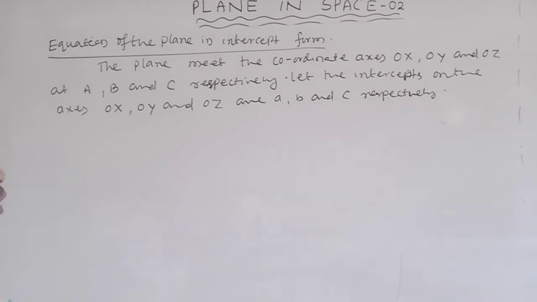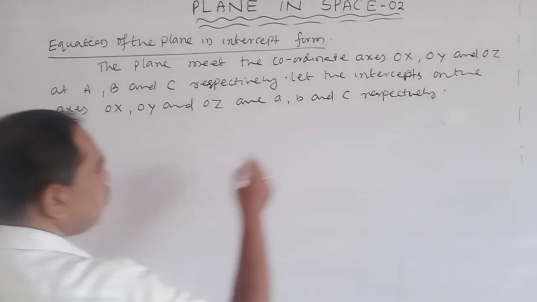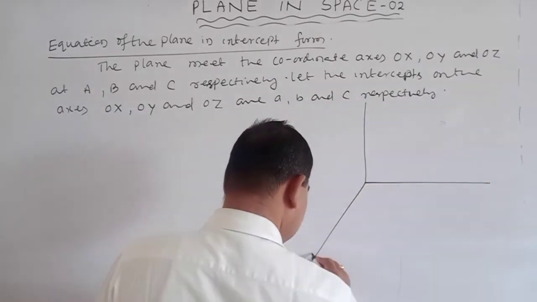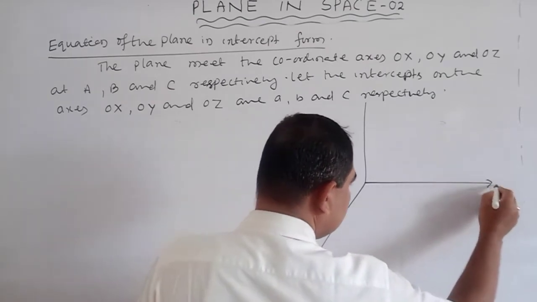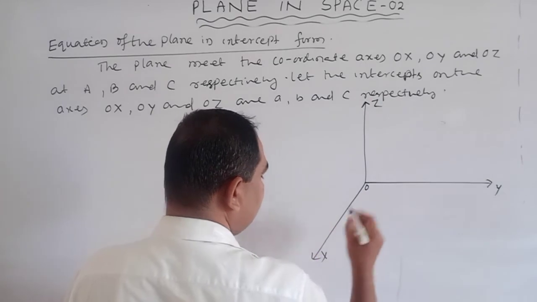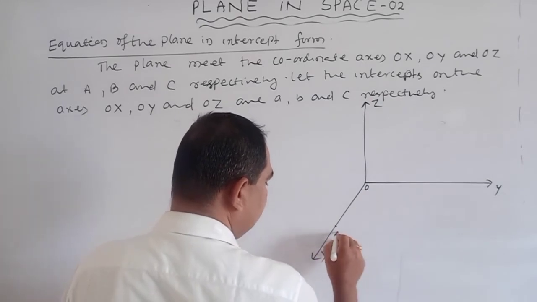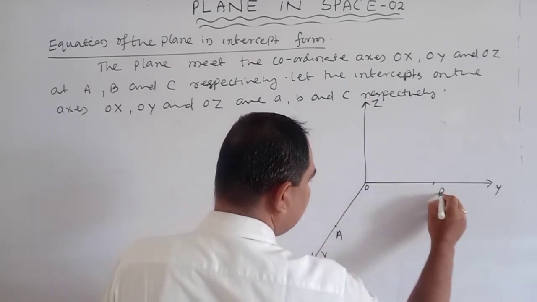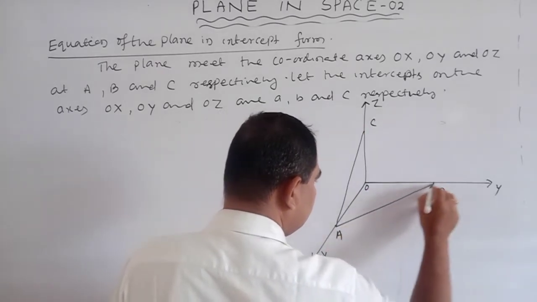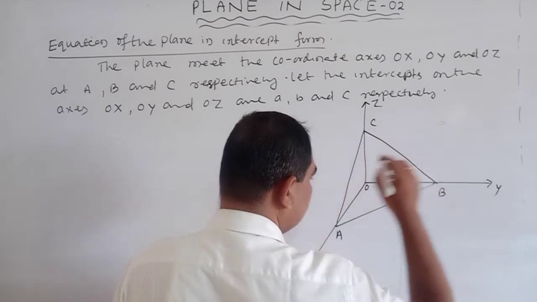That is, this is the x axis, this one the y axis, this one the z axis, this is the origin. So this is capital A, this is capital B and this is capital C. This is the plane.